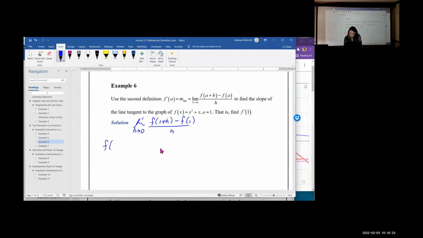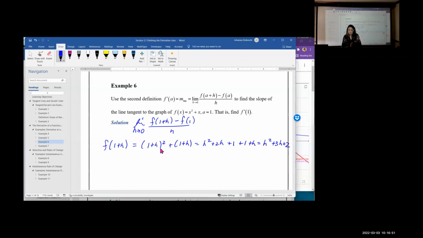So I'm going to come down here, since these are more complicated with their substitution factors, I'm going to come below, substitute it in first and get the values. So this gives me 1 plus h squared plus 1 plus h, which is h squared plus 2h plus 1 plus 1 plus h, which is h squared plus 3h plus 2.